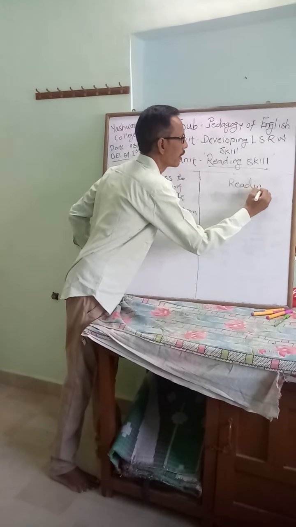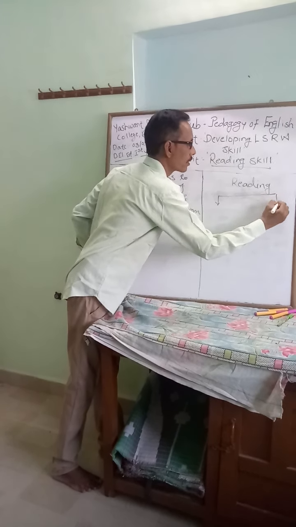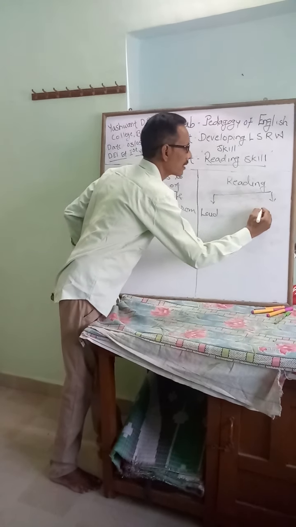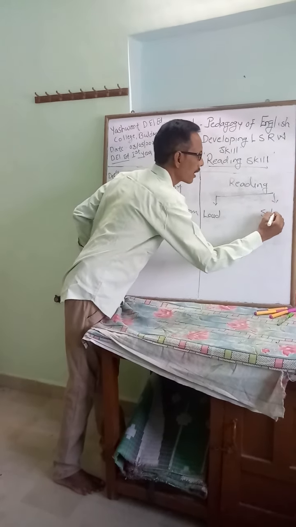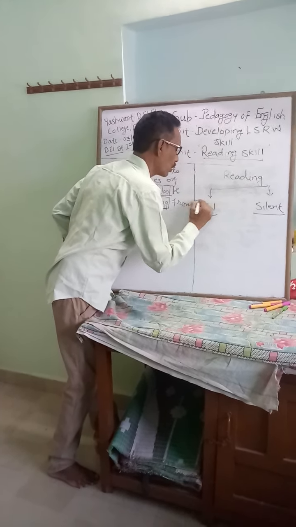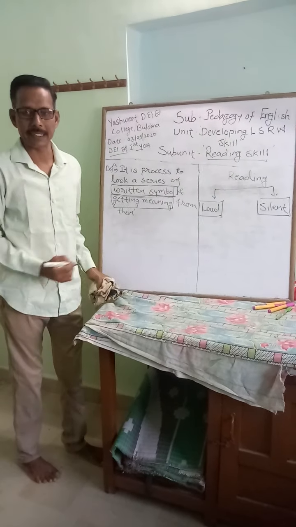What are they? First is loud reading, and the other one is silent reading. So these are the two types of reading, loud reading and silent reading.